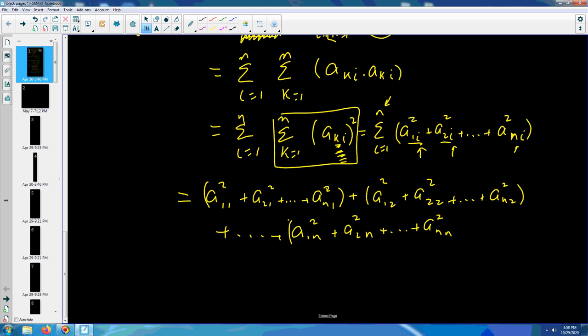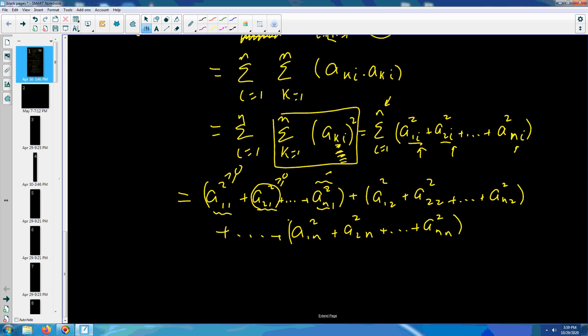Now, since each of these entries are real numbers and you square them, the least you can get is 0. This term greater than or equal to 0. That term greater than or equal to 0.